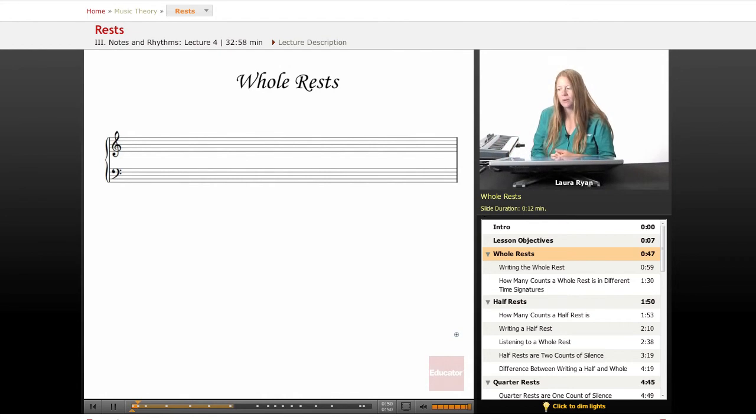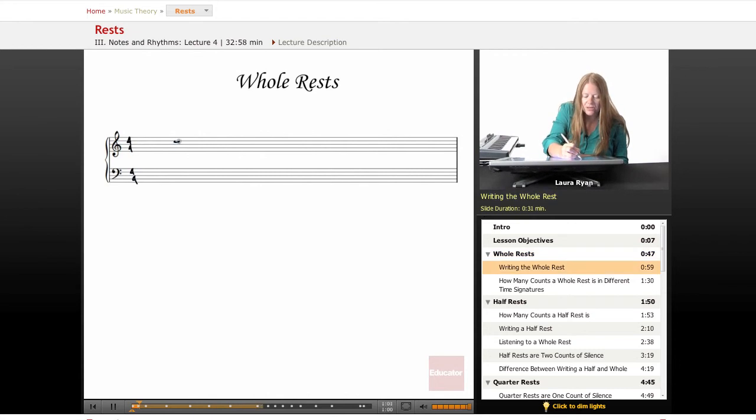So we're starting with whole rests. If we're in the time signature of 4/4, a whole rest is 4 counts of silence. And the whole rest lives here. If we count the lines of the staff, 1, 2, 3, 4, 5, the whole rest lives right below the line that's second from the top in both staffs.